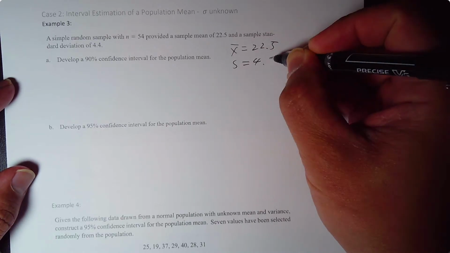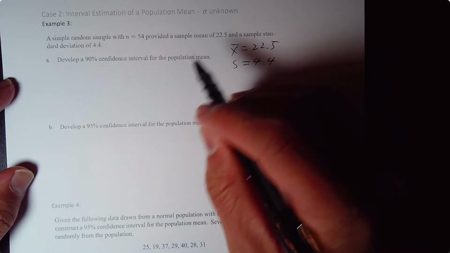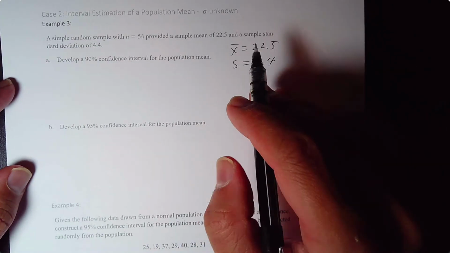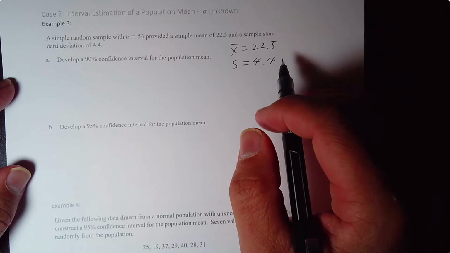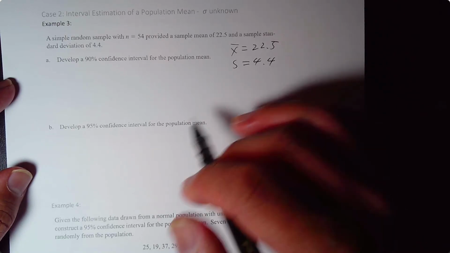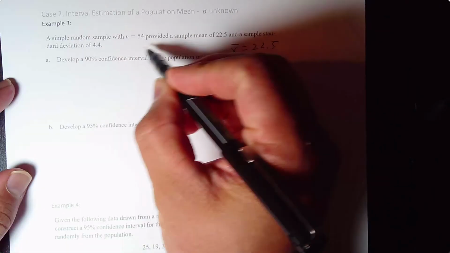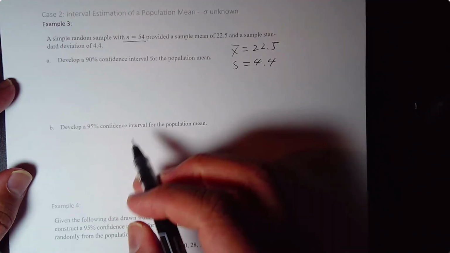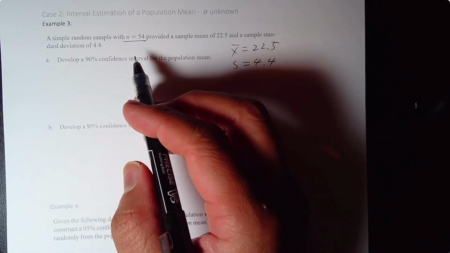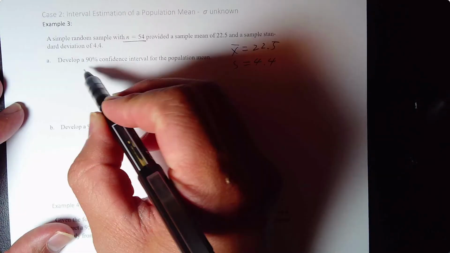First, from chapter 7, I still need to determine that my sample mean has a normal distribution. It doesn't say that it's normal, but my sample size is 54, so it is large enough. A 90% confidence interval indicates my alpha equals 0.10.